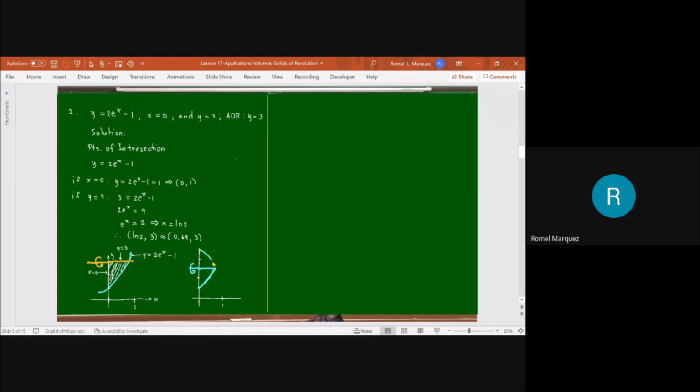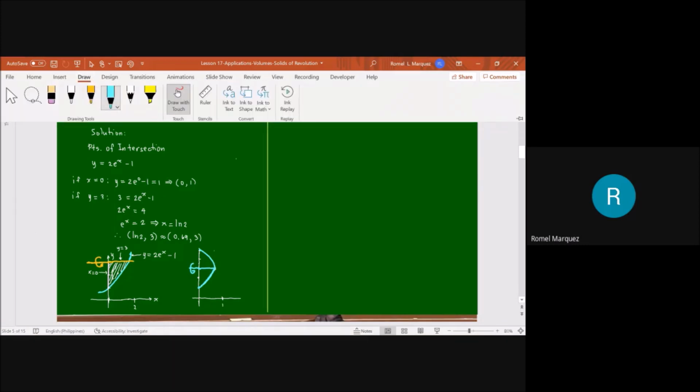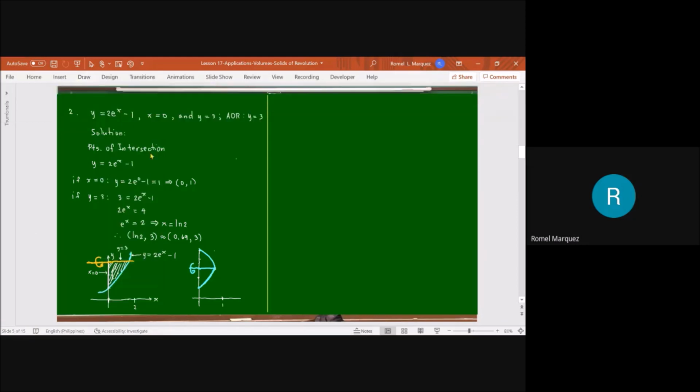So we now have it like this. Can you imagine now the shape, guys? What's the shape? Yeah. So this is the shape of the solid. Okay, guys? That's the shape.